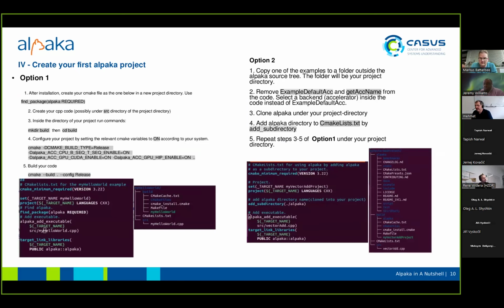Yeah, Alpaka. You should set all the available systems, all the available APIs and backends in your system, as a CMake variable.